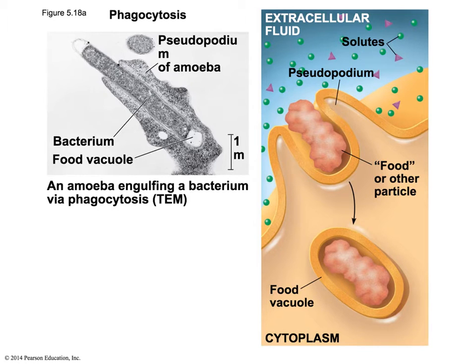So here's an electron micrograph of an amoeba engulfing a bacterium. This amoeba is going to grow out until it surrounds this, and then it will digest the bacteria by using hydrolytic enzymes that are dumped into the vacuole or the vesicle, and that break down whatever was brought in.